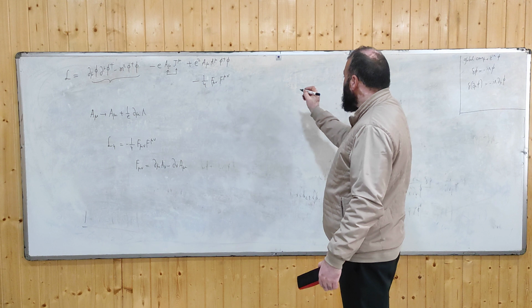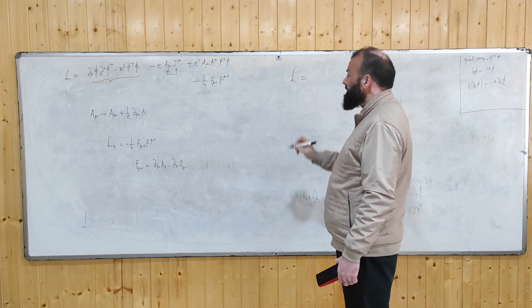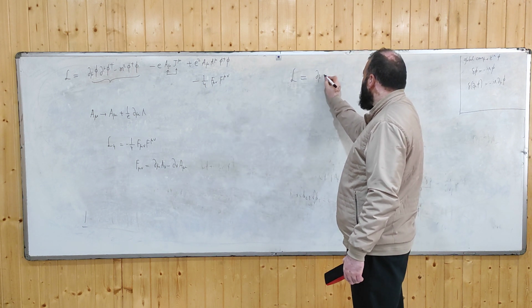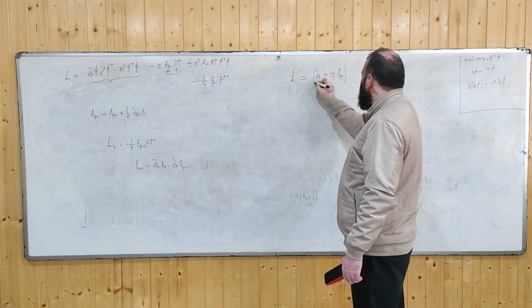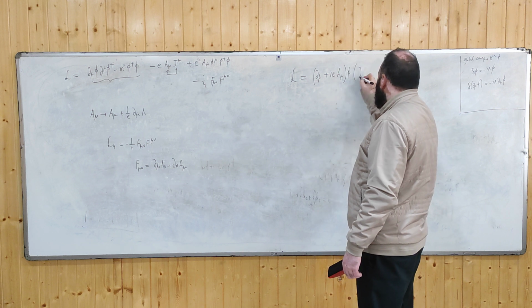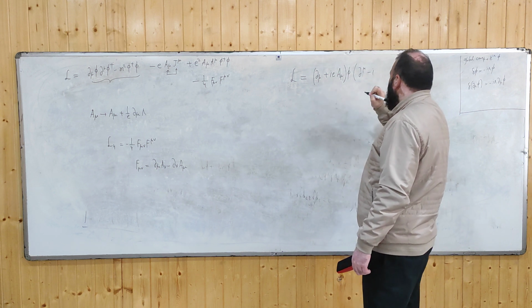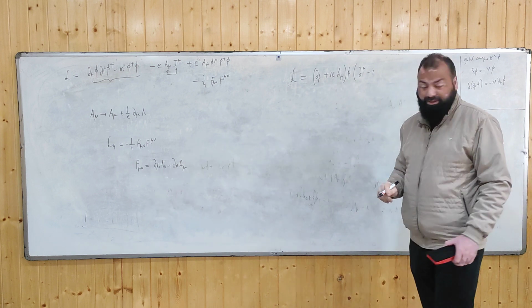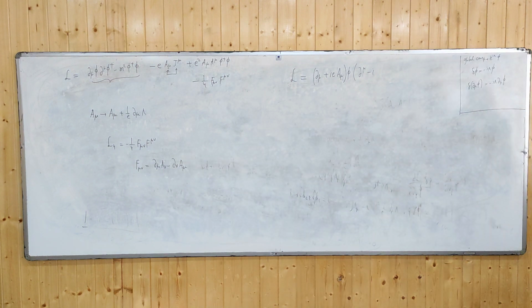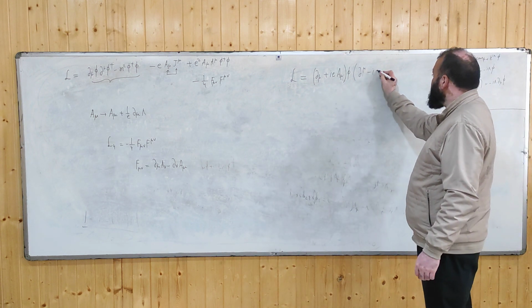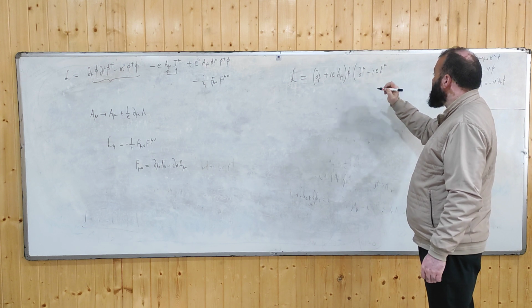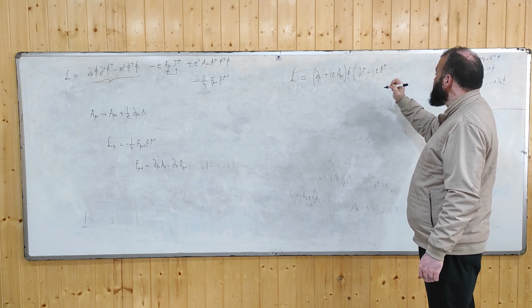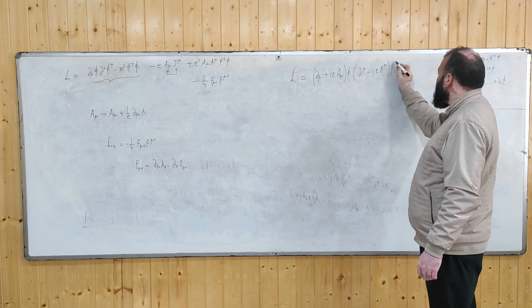Okay, so let's rewrite it. I'll write this Lagrangian this way: partial mu plus i E A mu acting on phi, then partial mu minus i E A mu acting on phi dagger.